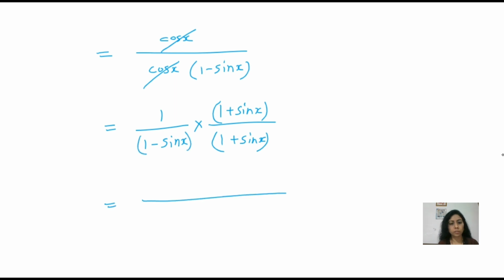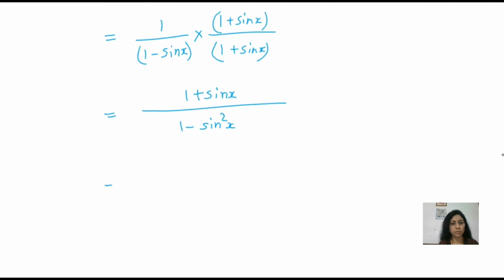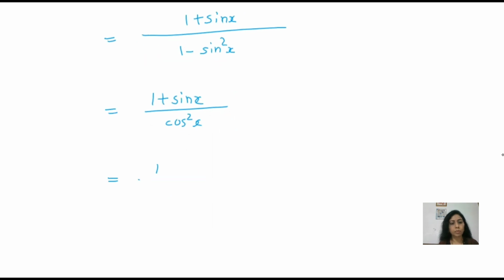So in the numerator, 1 multiplied by 1 plus sin x is 1 plus sin x, and in the denominator when we multiply, we get 1 minus sin squared x, and we know that 1 minus sin squared x is cos squared x, right? And 1 upon cos squared x plus sin x upon cos squared x.